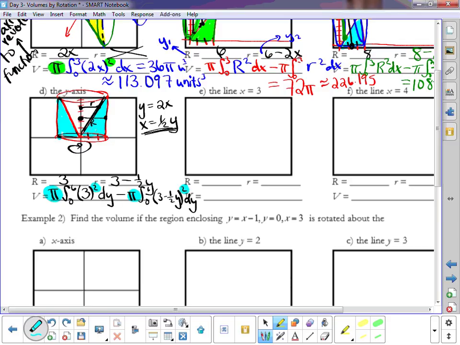Okay, go ahead and use your calculator to figure out what this one is. Again, let's leave it in terms of pi. Remember, when you're entering this in your calculator, you're just going to put X where you see Y, so it'll calculate it for you.